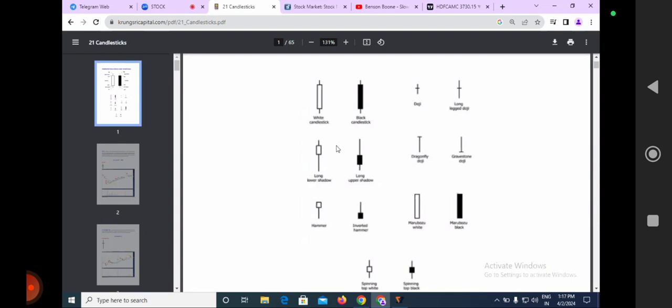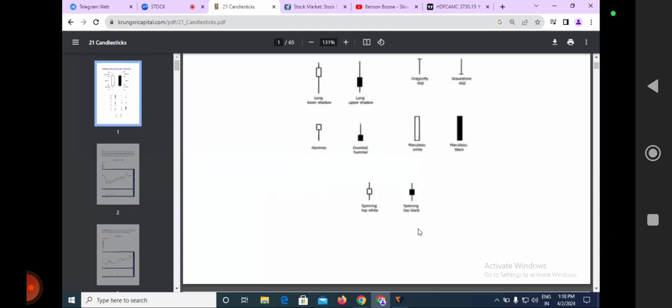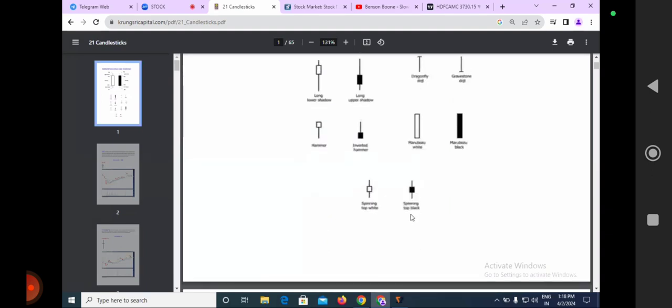This type of candle with a long lower shadow is called a long lower shadow candle, as opposed to a long upper shadow. The different types of dojis are dragonfly dojis, gravestone dojis, and so on. We also have candles called the hammer and inverted hammer, which look like a hammer, and the spinning top and black spinning top.